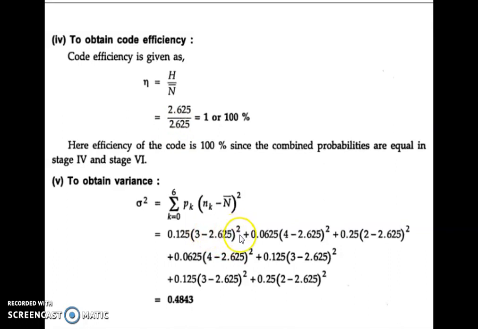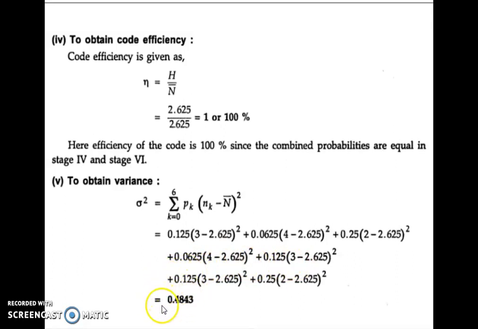bracket square. Similarly, plus the next symbol P1 into the number of bits in the code word minus the average code word length, bracket square, and so on. I will calculate this equation simply by putting in the different values of P and the number of bits, and I will get the value of the variance.